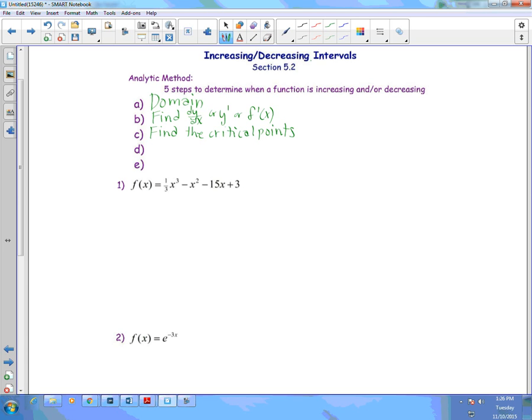Critical points are when dy dx equals 0. If the derivative equals 0, what's happening on the original y function? What's happening at that point?